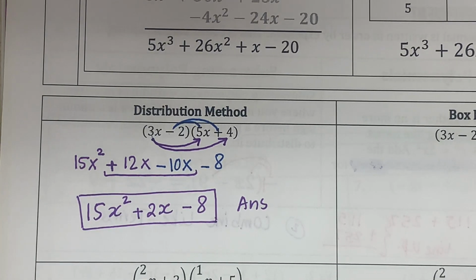This is the loops method, and this is what I use. I'm going to show you one example with the box method as well, so that you have the idea of both.